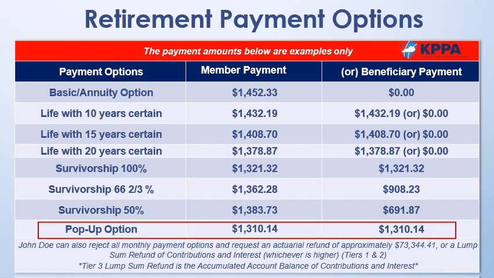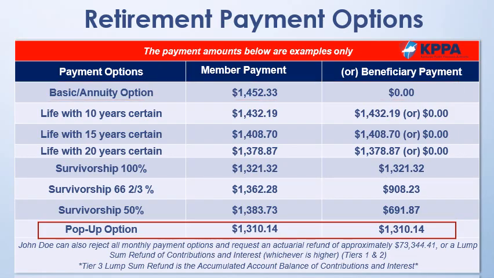The pop-up option works so that if the member predeceases, the beneficiary is eligible for the same monthly benefit up until their death. However, if the beneficiary predeceases the member or the beneficiary is the member's spouse and they divorce after retirement, the monthly benefit pops up or increases to the amount under the basic or annuity option.